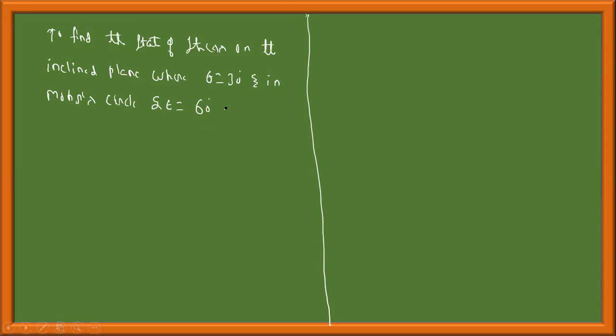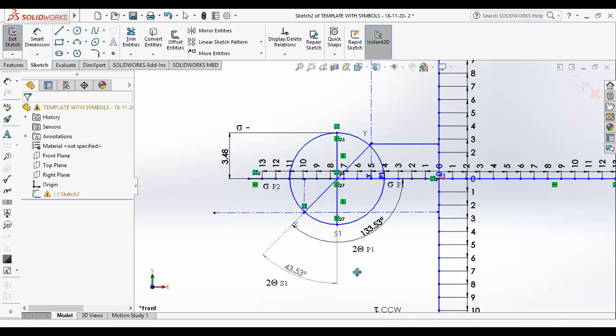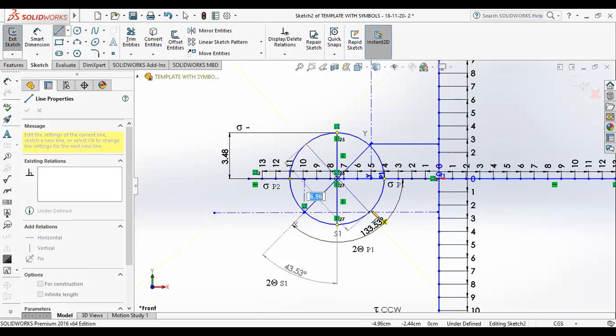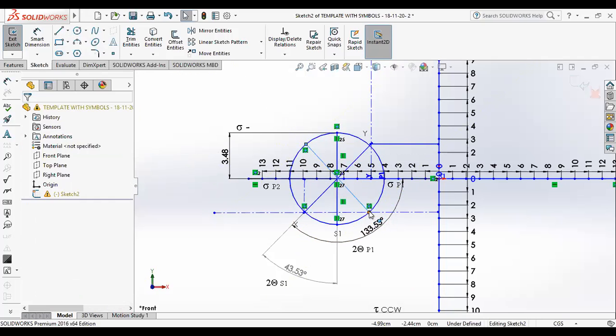Now I have to rotate my x face by 60 degree in the counterclockwise direction. This is the x face. You can take the compass, make this the center, and rotate it by 60 degree. Pick the protractor and draw a line from this 60 degree mark. For me, I will do the construction. I'll draw a line from here, passing through the center. Now 2 theta is equal to 60 degree.